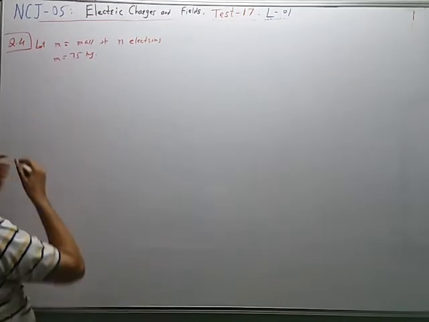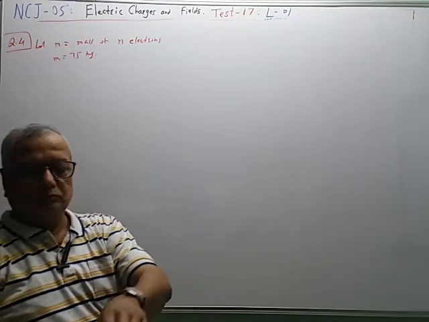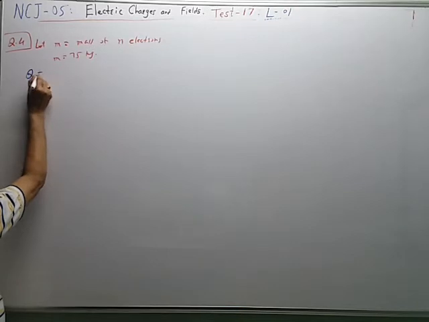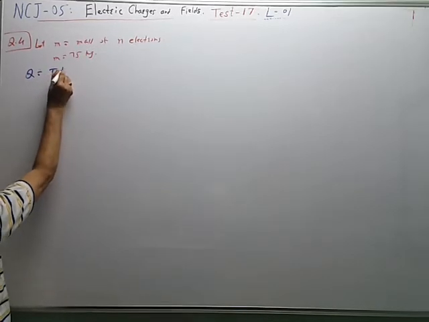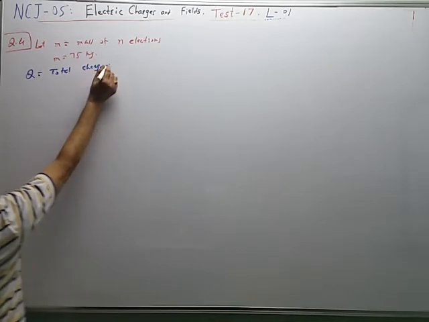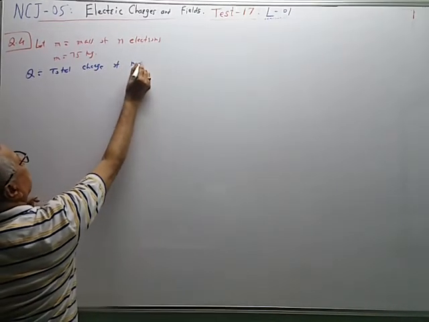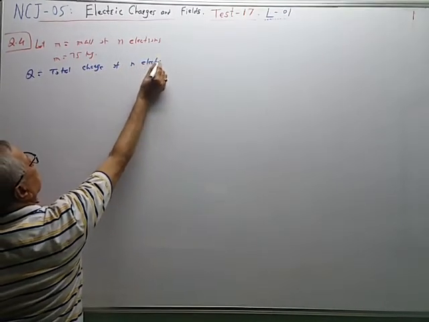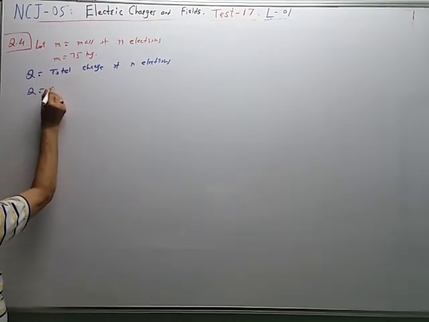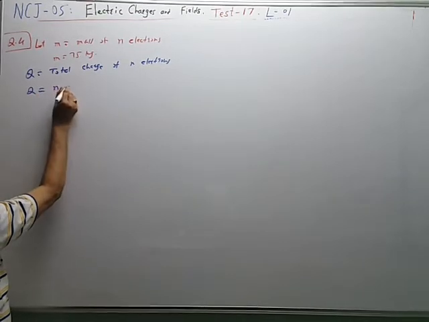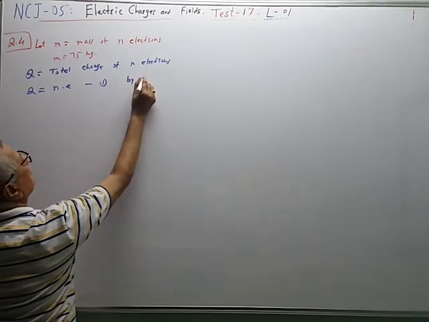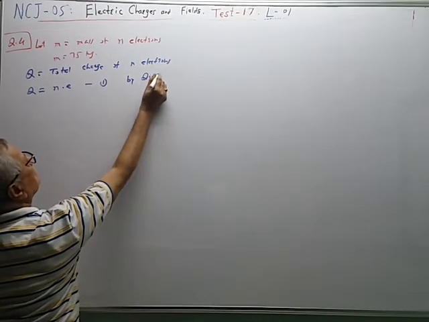Q is the total charge of n electrons. So Q is equal to n into e, by quantization of charge.